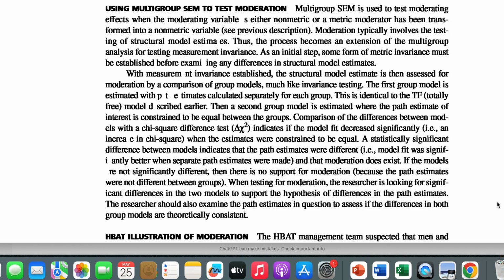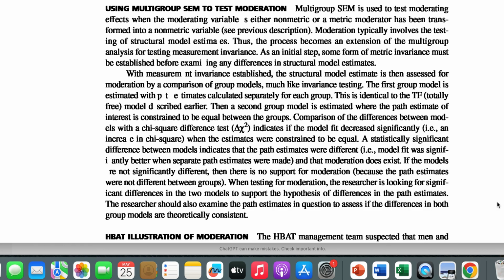With measurement invariance established, the structural model estimates are then assessed for moderation by comparison of the group models. Much like invariance testing, the first group model is estimated with the calculation separately for each group. This is identical to the totally free model described earlier.